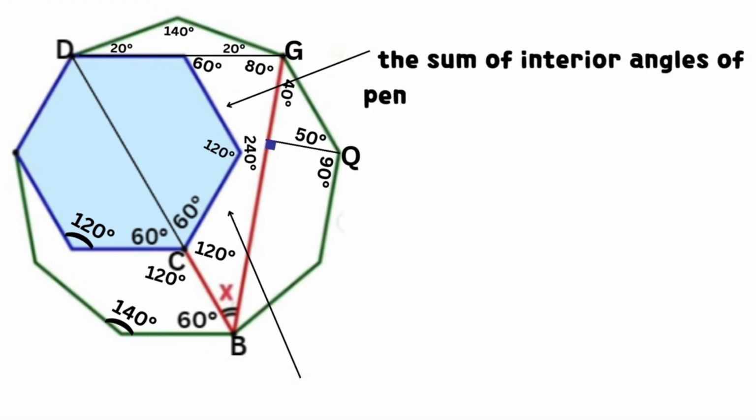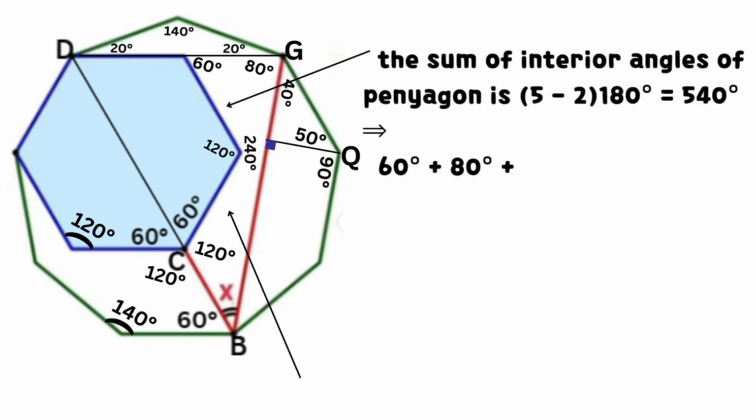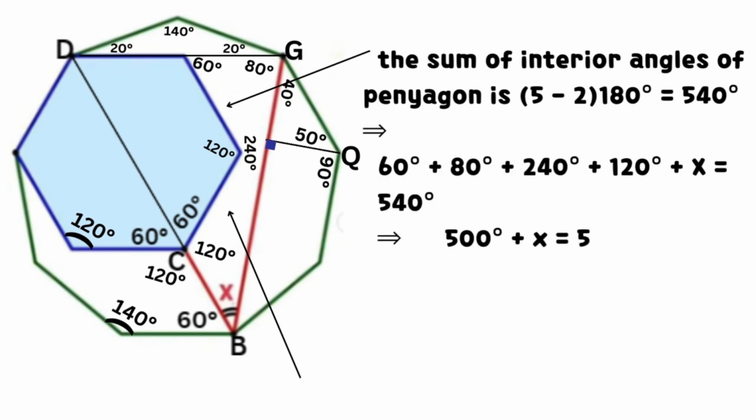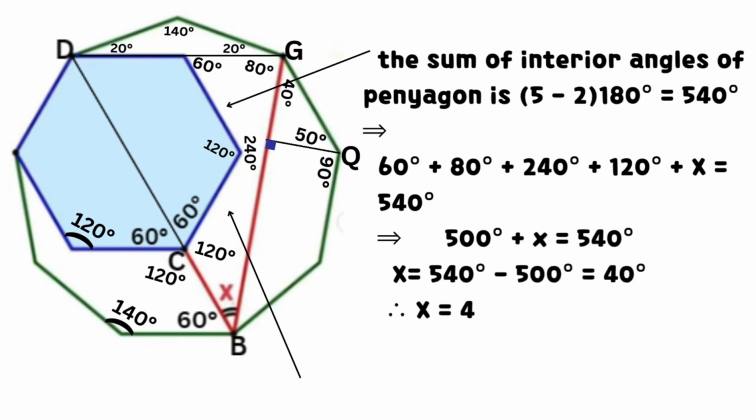The sum of interior angles of pentagon is 180 degrees multiplied by 5 minus 2, which equals 540 degrees. This implies that the sum of 60 degrees, 80 degrees, 240 degrees, 120 degrees and x equals 540 degrees.